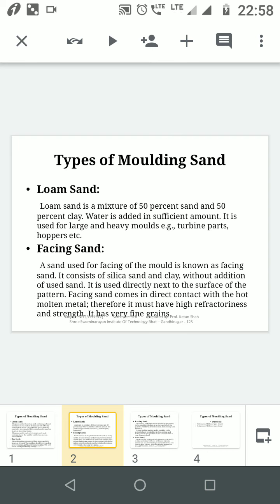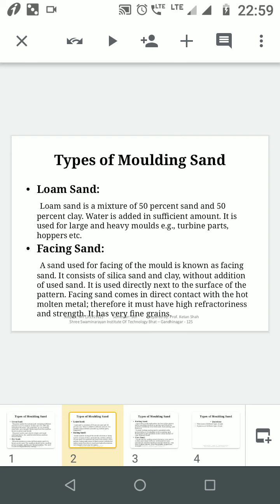It is used directly next to the surface of the pattern. That means when we are making any mold and we are keeping the pattern in that mold, we have to sprinkle that facing sand on the bottom face.